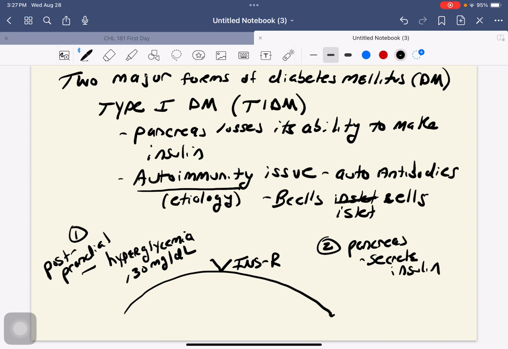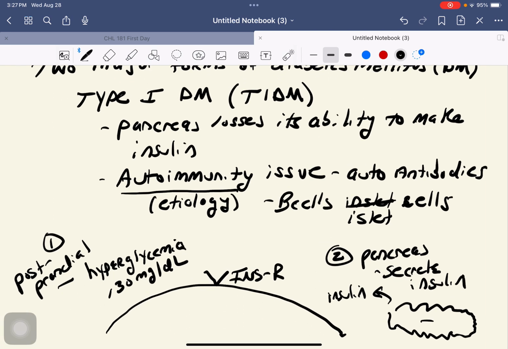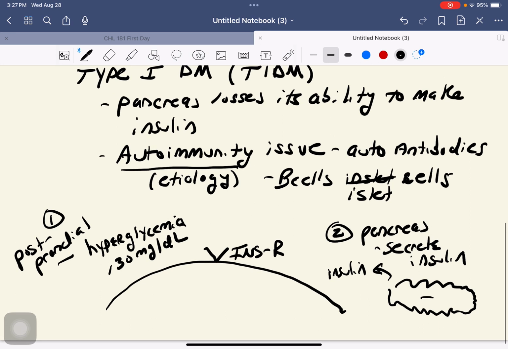The pancreas now begins to secrete insulin, right? So we wind up with a condition of hyperglycemia, and the name for this elevation in insulin is referred to as hyperinsulinemia.